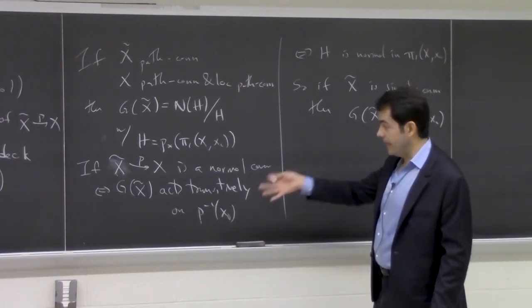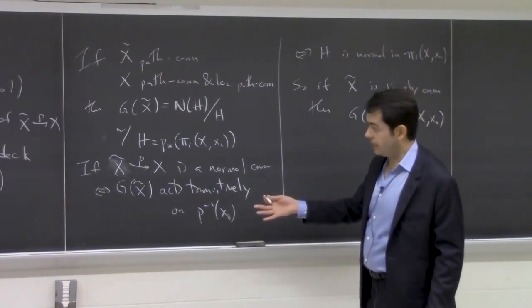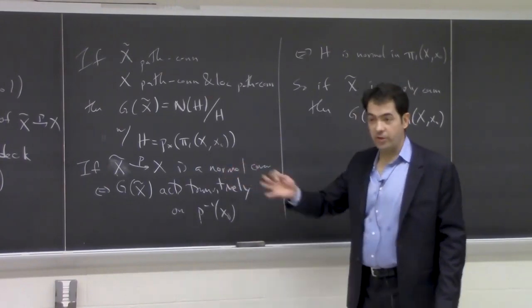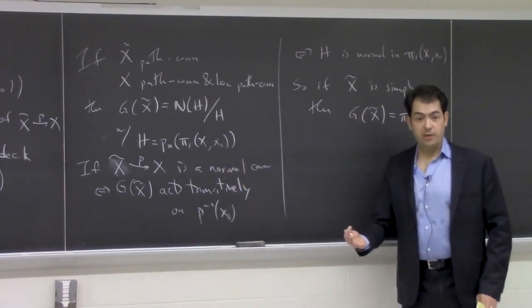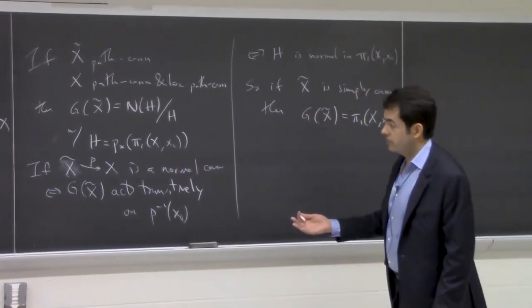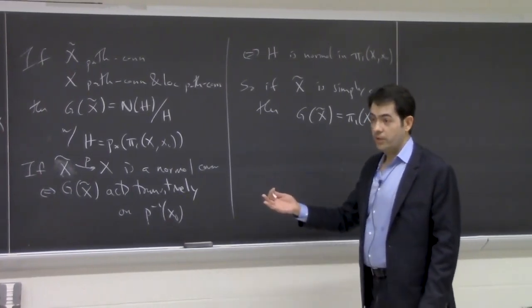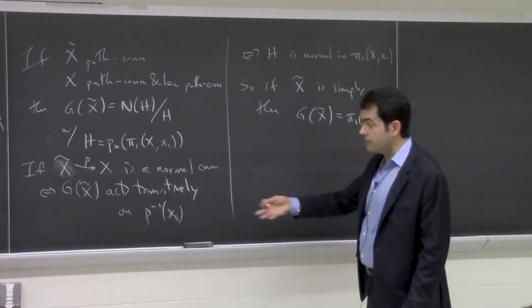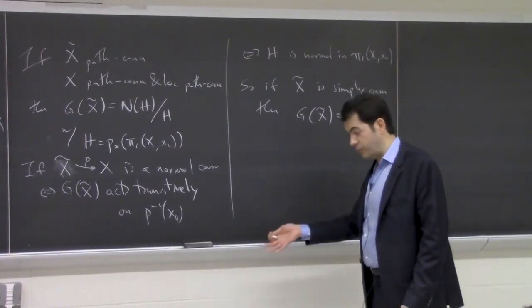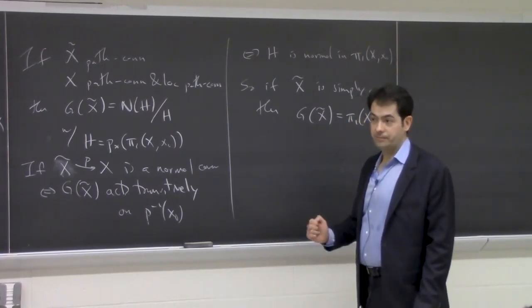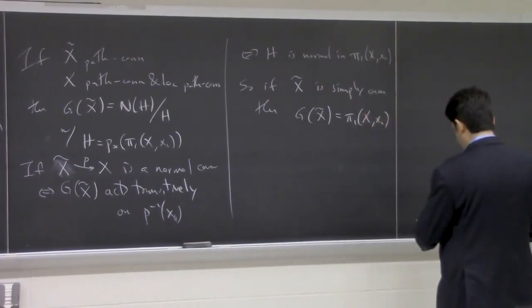So you can think that the downstairs is exactly what you get by looking at the things upstairs that are connected by deck transformations, right? So you could turn this around, and instead of starting with a covering and then looking at the deck transformations, you could start with a space and a group acting on it and see if you can then construct a covering from that.